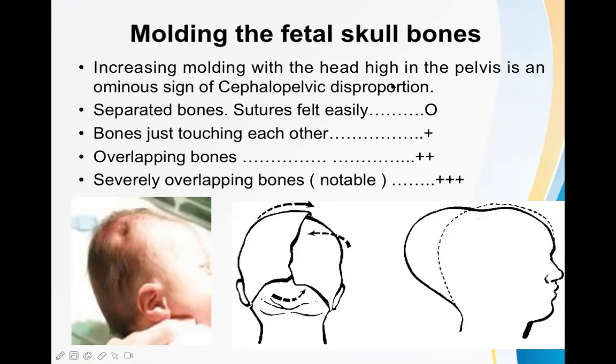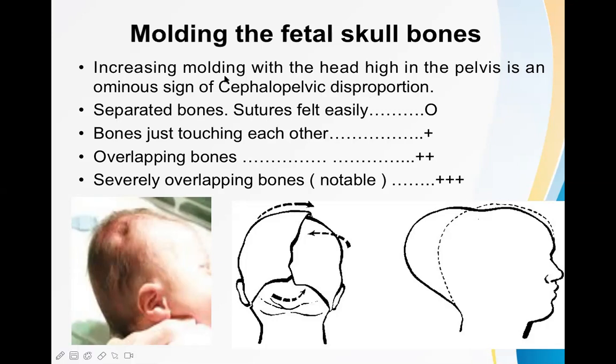Increasing molding with the head high in the pelvis is an ominous sign of cephalopelvic disproportion. Now all of the students, please focus on this line. This is very important, a practical problem.